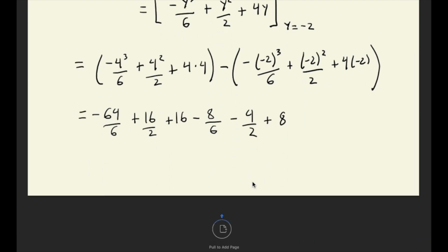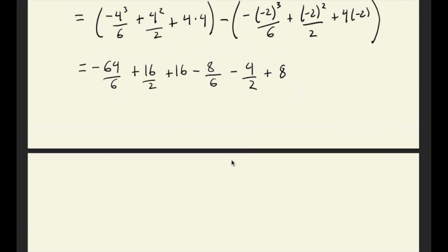Now I just have to add these fractions here. These are both over 6, so let me put them together. So it's negative 64 minus 8, which will be a negative 72 over 6. This is an 8, and that's an 8, so this plus this is a 16. With this, that's a 32. 16, 8, and 8 is 32. And here, minus 2, it would be a plus 30.